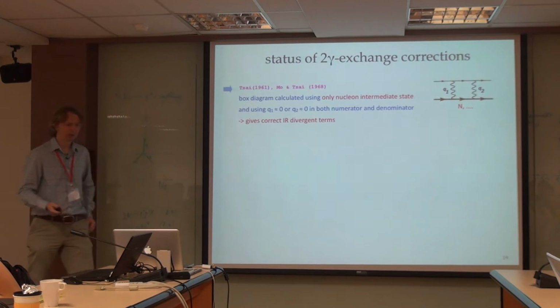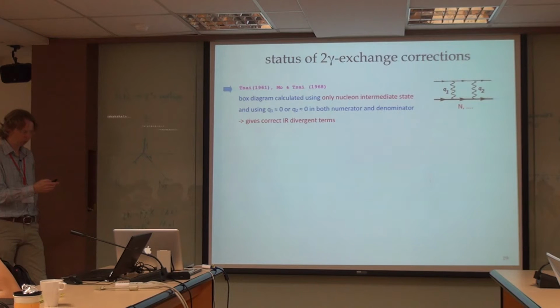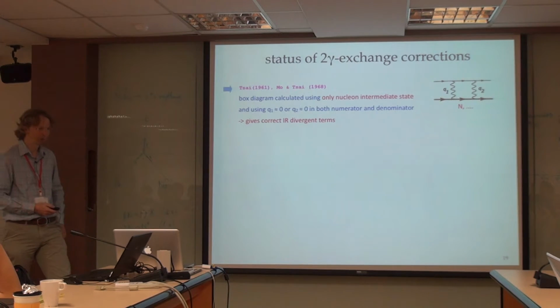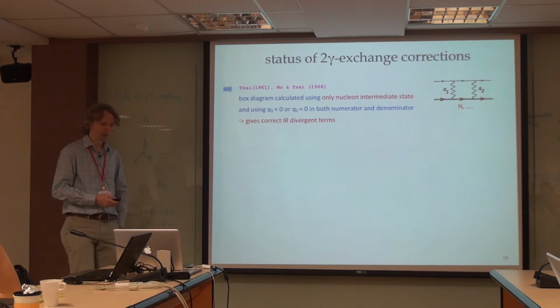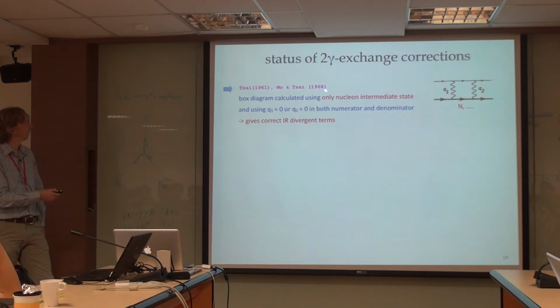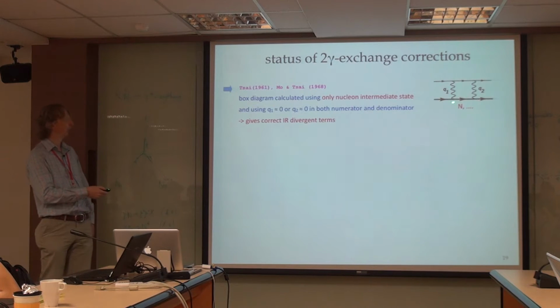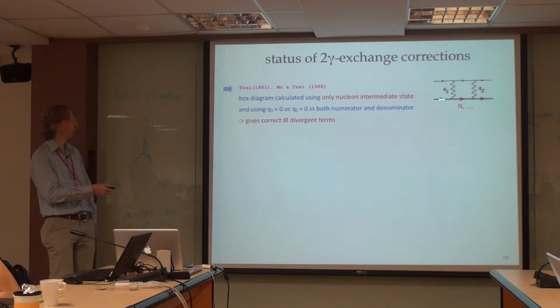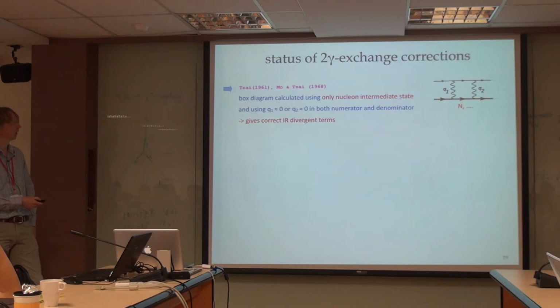Okay. Now let me show you the history of these two photon corrections before and then coming to the present. They've been estimated historically in the 1960s by Mo and Tsai, and Tsai for the first time, who calculated basically this box diagram. And they calculated this box diagram assuming there are only nucleons here in this intermediate state.